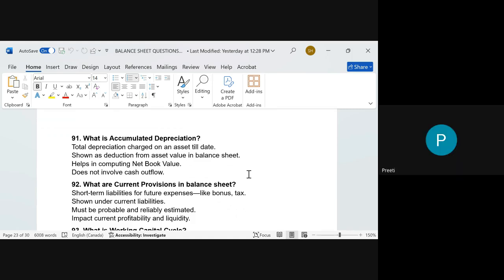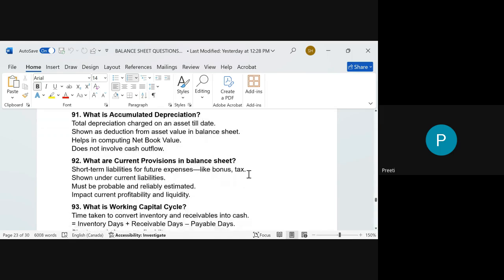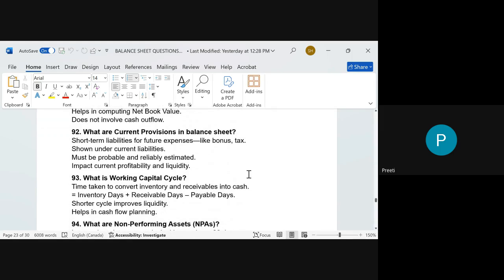What is accumulated depreciation? Total depreciation charged on an asset till date, shown as a deduction from asset value in the balance sheet, helps in computing net book value, doesn't involve cash outflow. What are current provisions in balance sheet?